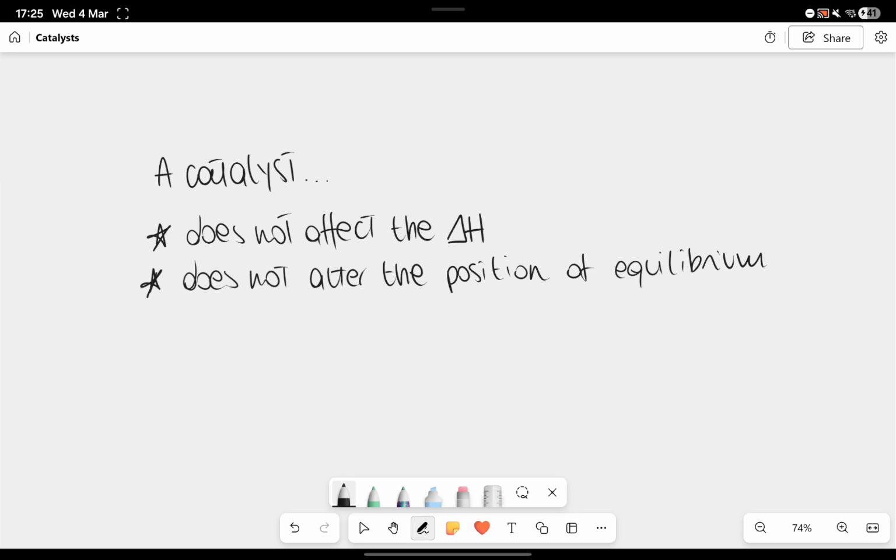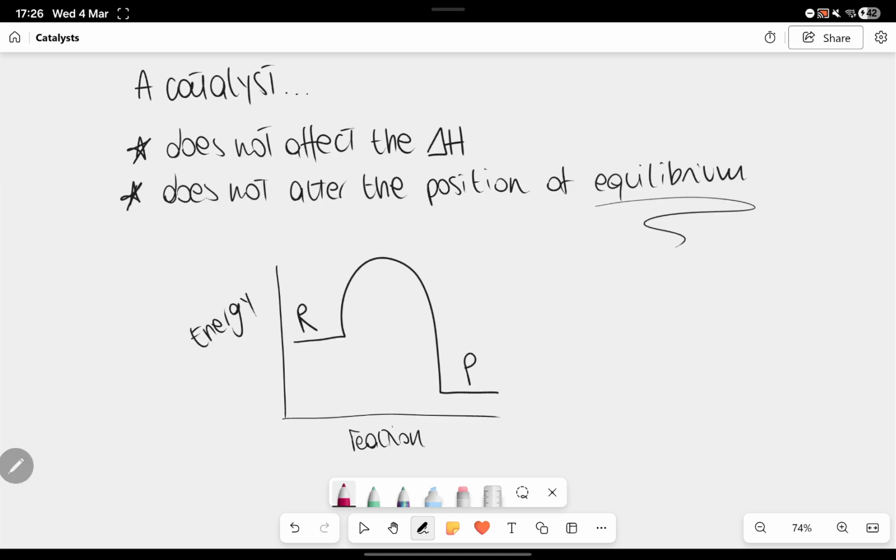It lowers the activation energy of both the forward and the backward reaction if we're talking about a reaction in equilibrium. In a diagram that looks like this, where the activation energy, which remember in an enthalpy diagram is always from the reactant to the top of the curve, this being the activation energy of the uncatalyzed reaction, the activation energy of the catalyzed reaction would be lower.